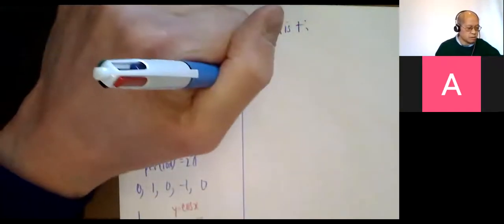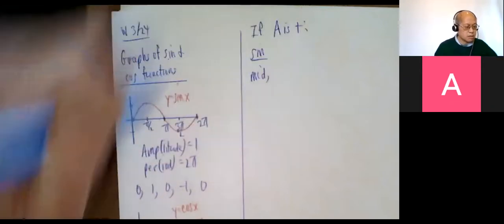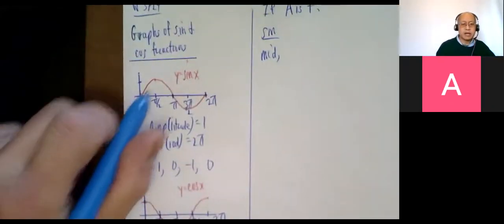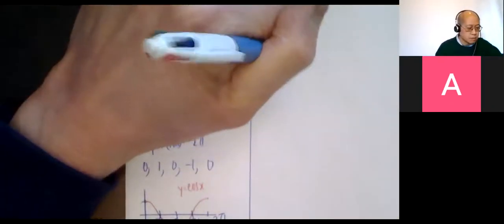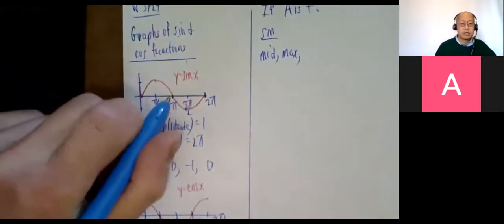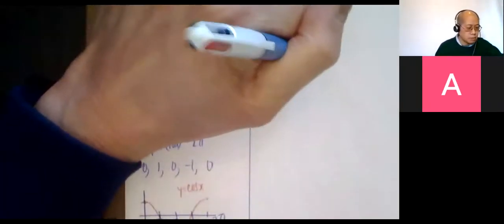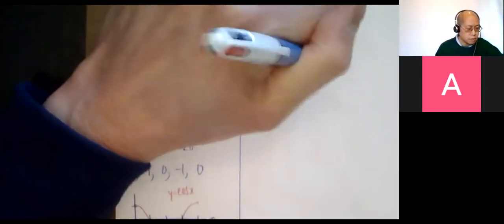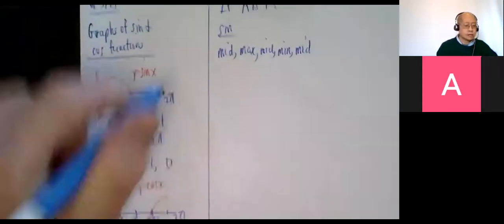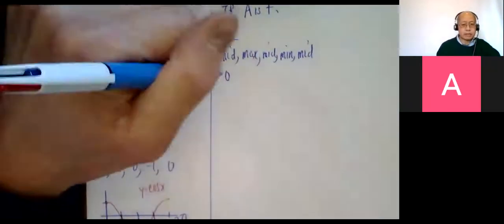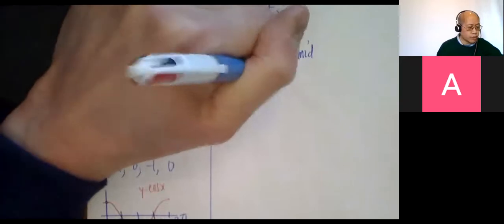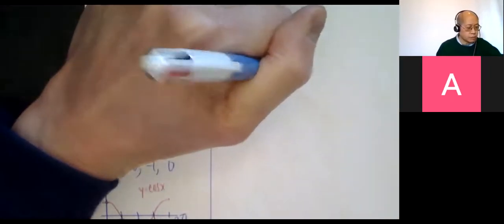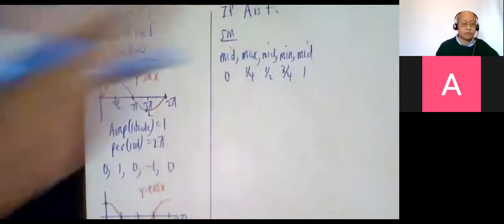So it's going to go midline, maximum, midline, minimum, and then back to midline. Okay, so this is starting 0 the way, 1/4 the way, 1/2 the way, 3/4 of the way, and then the full way for one period.